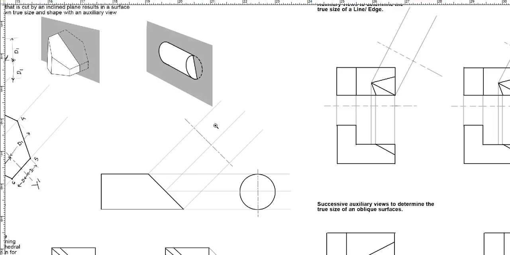So now let's project the center ones and see if that is enough. So I'm going to do my measurement. This is my front view. This is my side view. And this is going to be my auxiliary view.